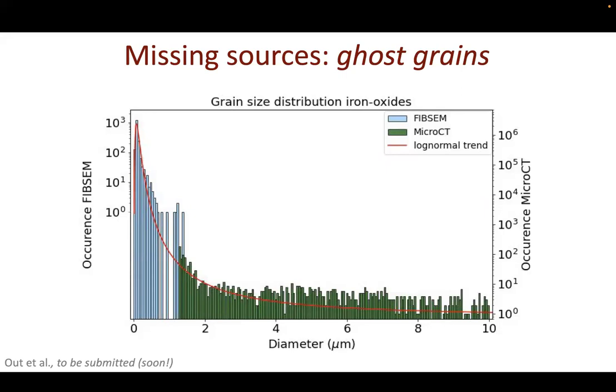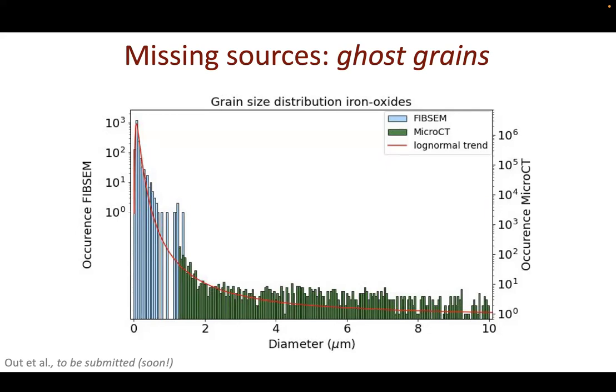Then we made use of the property that all these tiny grains were on the interfaces of the large grains. So in the micro-CT scan of the sister sample, we calculated the surface area of these large grains. And from the FIB-SEM data, we calculated the amount of small grains per surface area, and then we just connected the two.